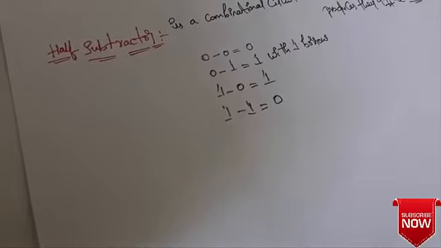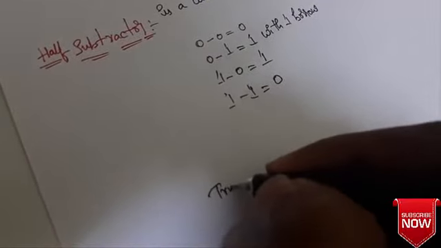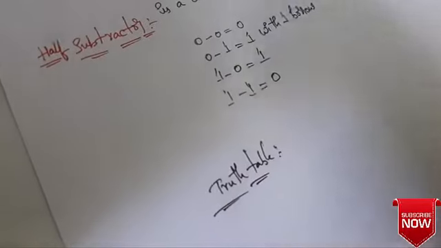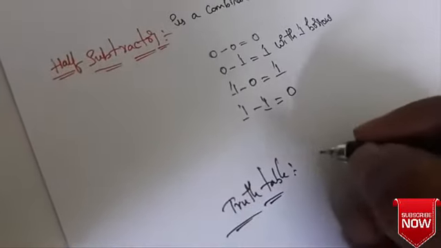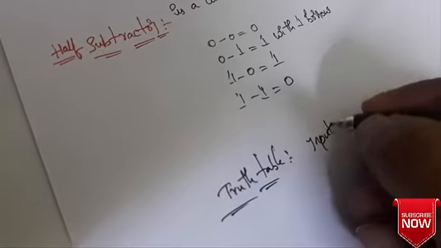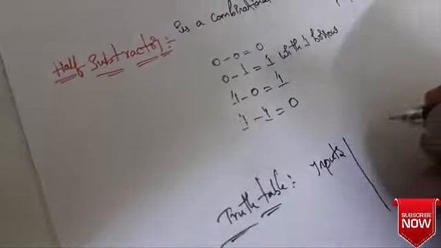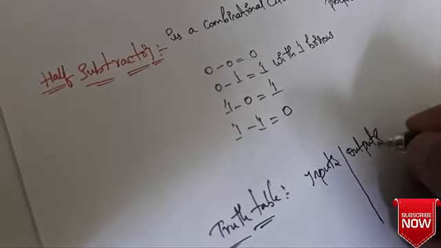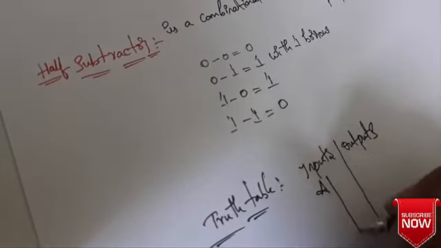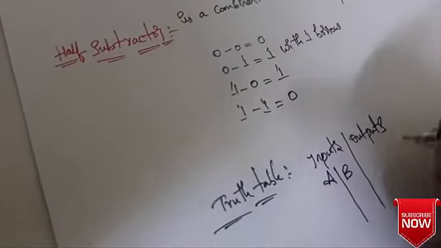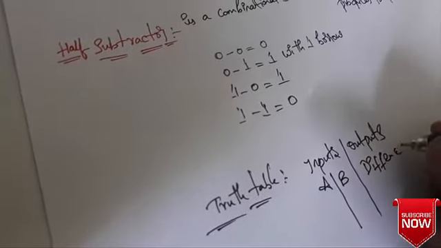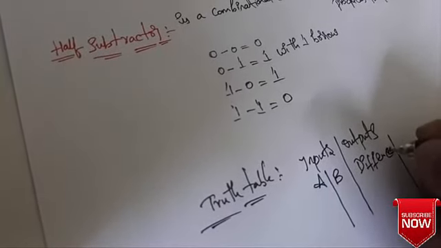Now let's see the truth table for the half subtractor. Here, A and B will be the inputs, and the outputs are difference and borrow.